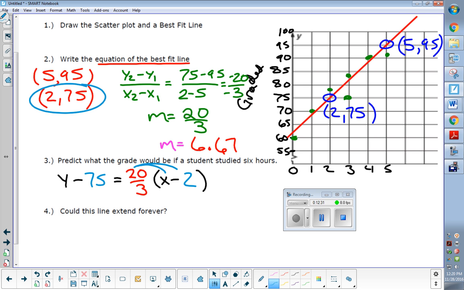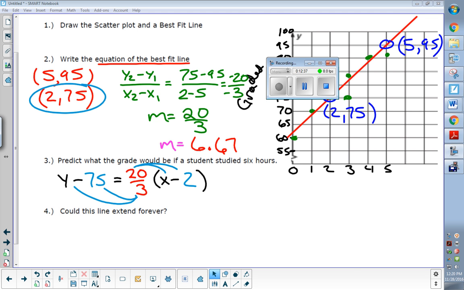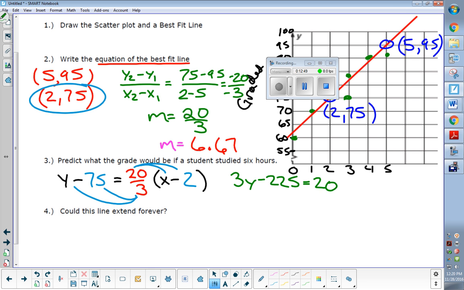All we're going to do here is distribute that 20 to the right side and distribute that 3 to the left side. If you remember doing this back in week 1, we wrote equations of the line. So I got 3y minus 75 times 3, 225, equals 20x minus 40. And then I'm going to solve here.